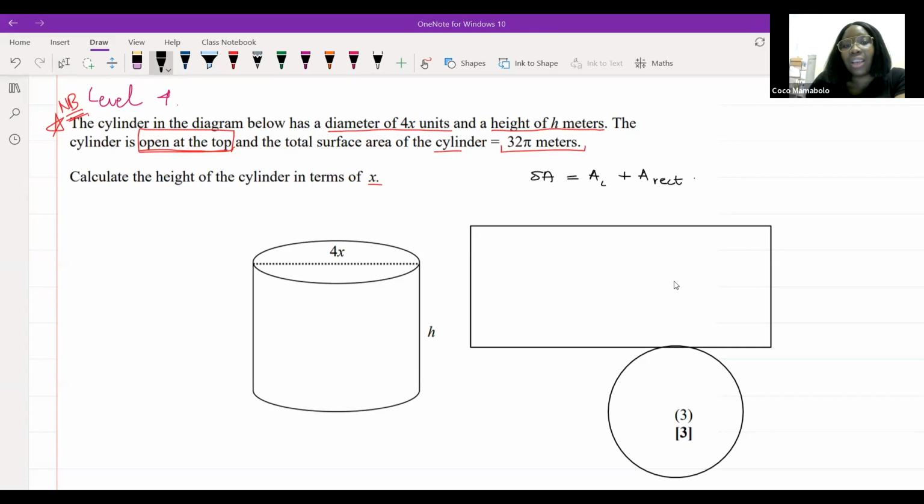Okay, now let's talk about our rectangle. I know that the breadth of my rectangle is my height. How do I then find the length of my rectangle? What is it going to be? We've spoken about questions like this before when we did the measurement section. How are we going to find the length of our rectangle?